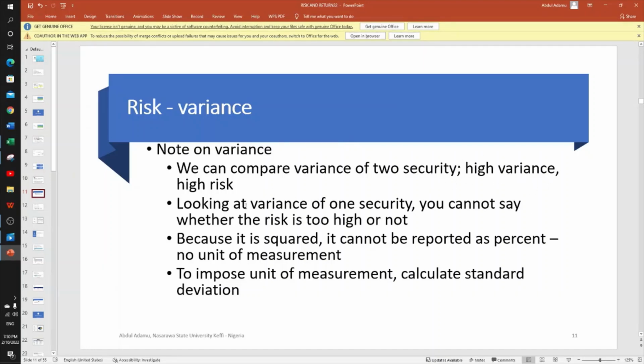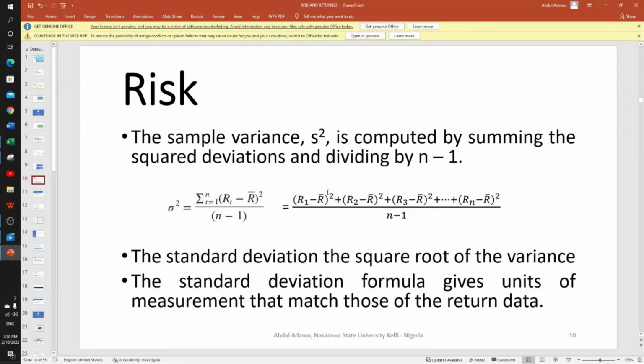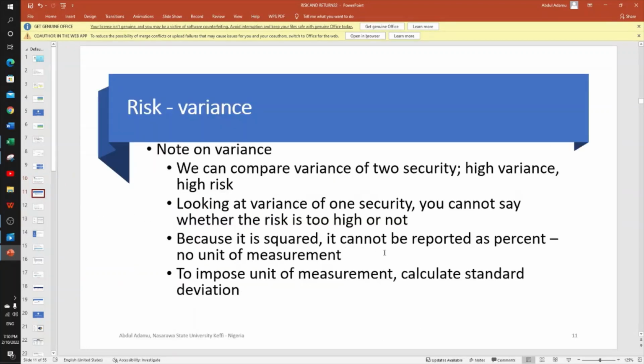But merely looking at the variance of one security, you cannot say whether the risk is too high or too low. Because variance is squared, if we go back to our formula, you can see square, square, square, square. So you cannot attach any unit of measurement to it.